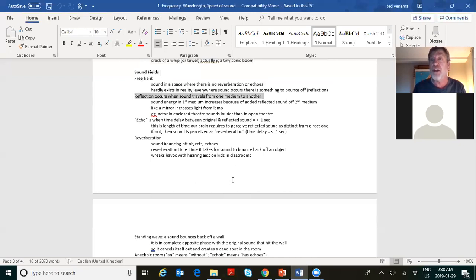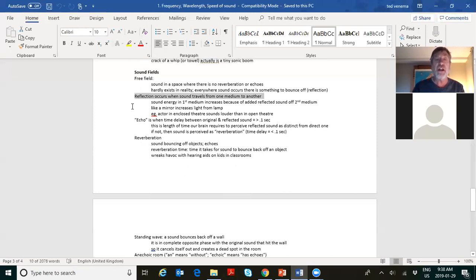You're standing 100 feet away from a wall or a big building downtown, and you yell, and the sound is going through air, and then it hits the wall, and it bounces back to you. That's called an echo. So it traveled through air, and then it hit brick. Brick is a different medium from air. So is water.